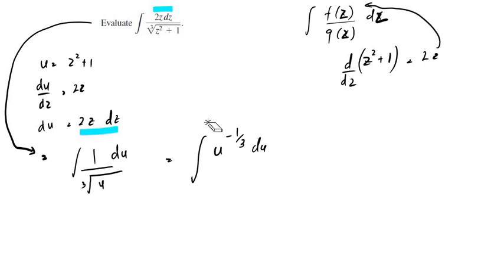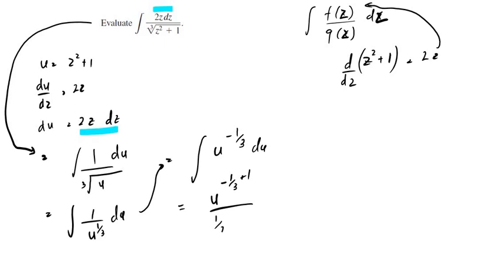Let me do one more step before that. So this is equal to integral 1 over u to the power 1/3 du, and that's equal to u to the power minus 1/3. So when you're integrating, you add 1 to the power and divide by the new power. So minus 1/3 plus 1, divided by minus 1/3 plus 1.